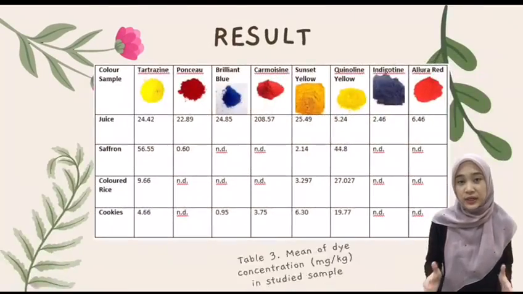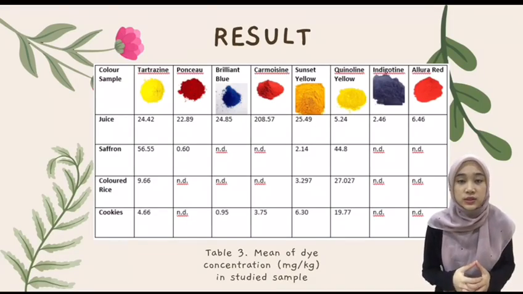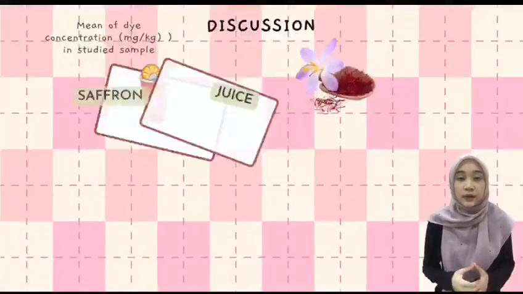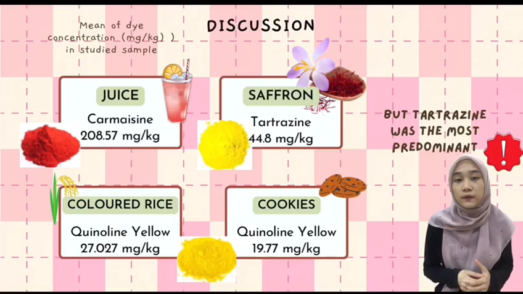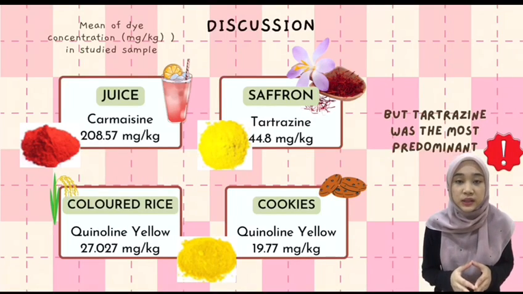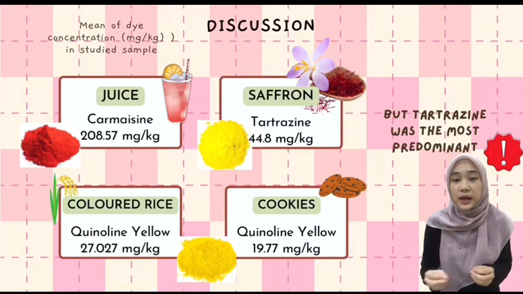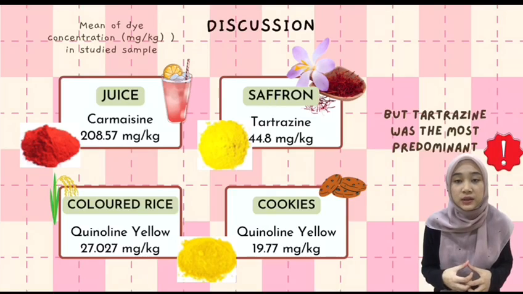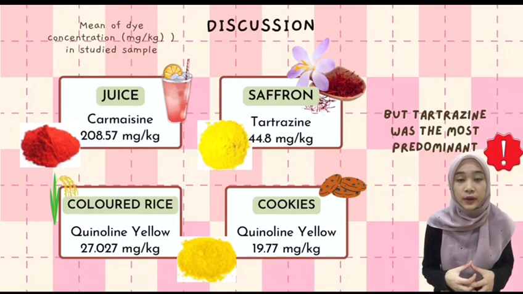Table 3 shows the mean dye concentration in the studied samples. From Table 3, the highest mean dye concentration in juice is carmoisine, with a mean concentration of 208.57 mg per kilo, while in saffron it is tartrazine with a mean concentration of 44.8.